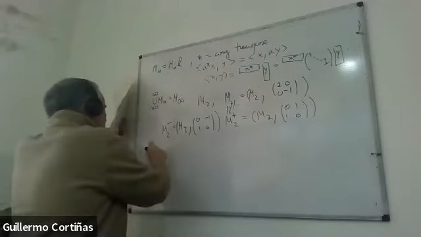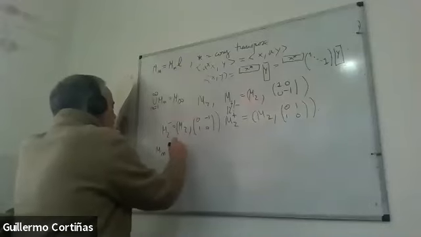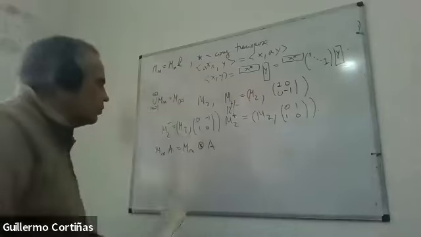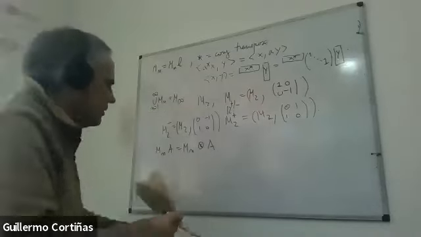So then we write MA for Mn tensor A with the tensor product involution, and so on.